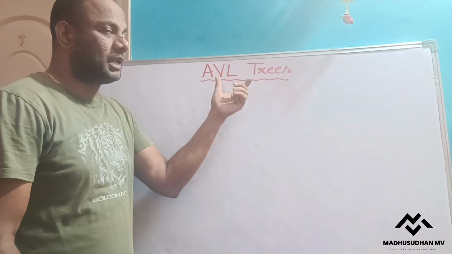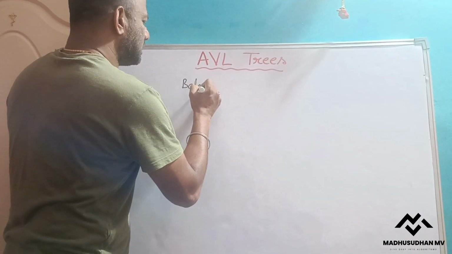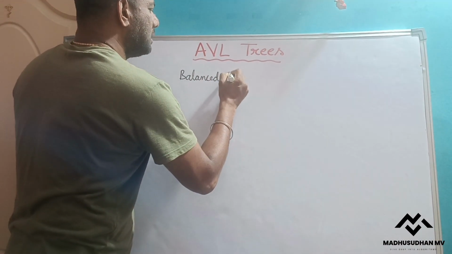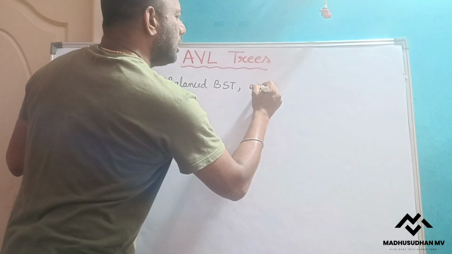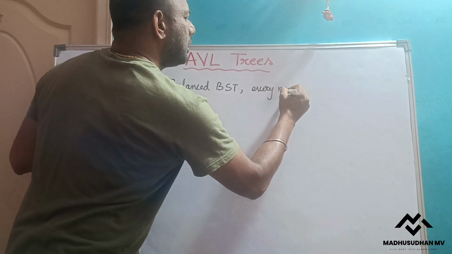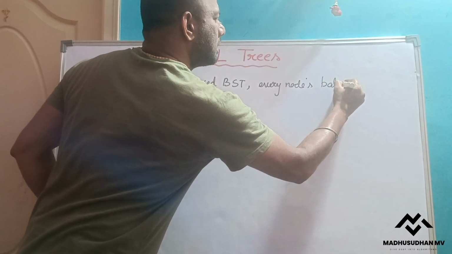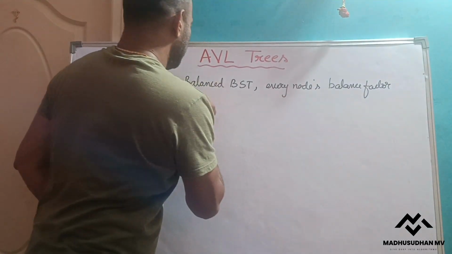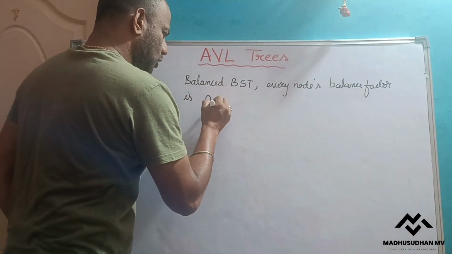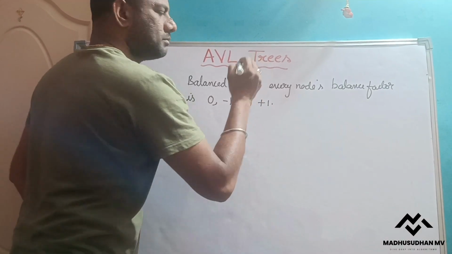Thus, an AVL tree we can define as a balanced binary search tree in which every node's balance factor is either 0, -1, or +1.